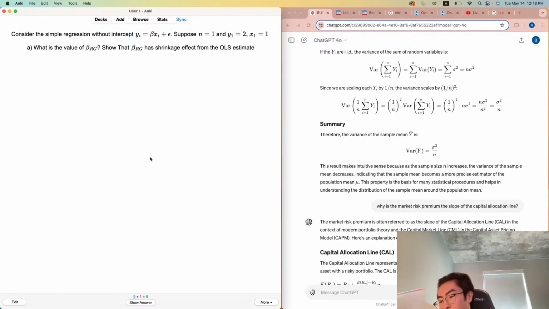Okay, yeah. Having a hard time visualizing this in my head, so let's do this. So we have this beta ridge, 2 minus beta ridge, and then this is equal to, well, plus lambda, and then we have beta ridge squared. So this is equal to 0. Oh, not yet.